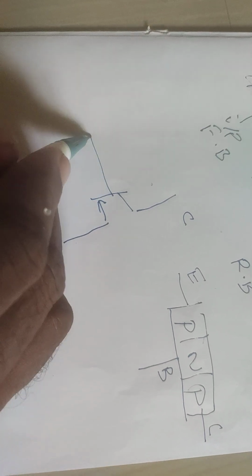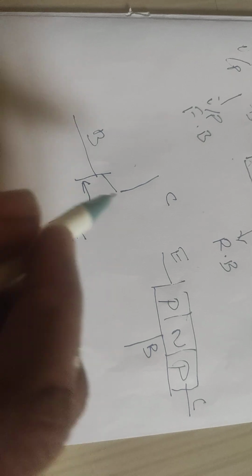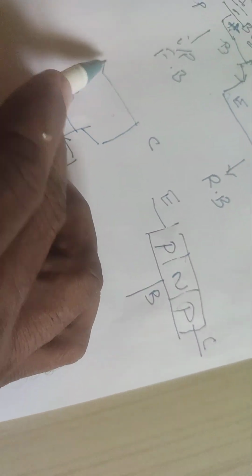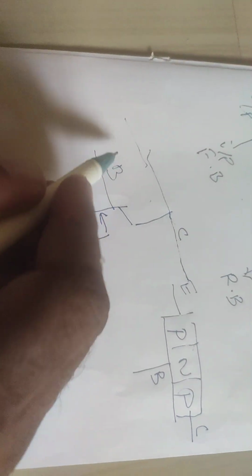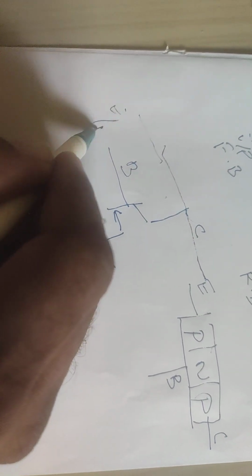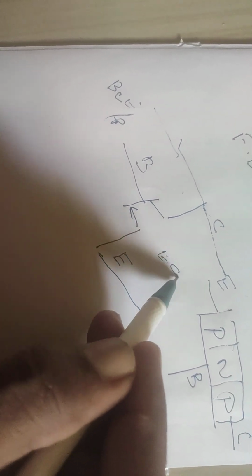Okay, so this is collector, this is base, this is emitter. So here the collector is common for input port as well as the output port. So input port is base collector junction, output port is emitter collector junction.